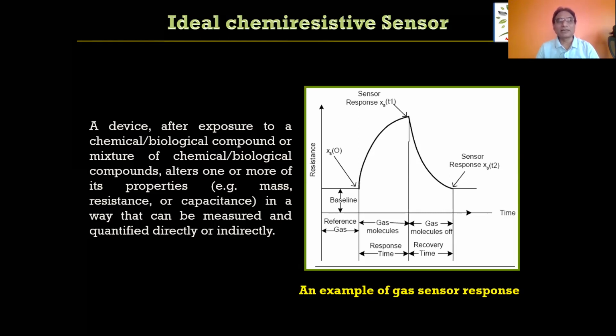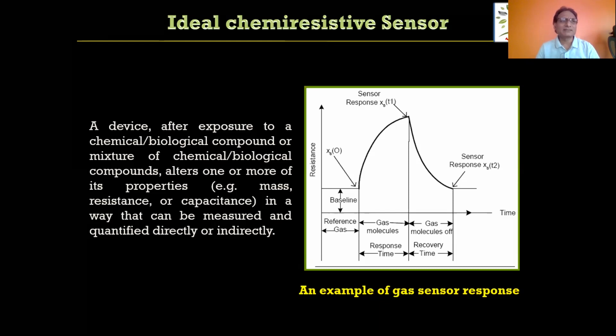like chemiresistive, chemfate, electrochemical sensors. In electrochemical again we have potentiometric, conductometric. There are different kinds of sensor modalities. We have got optical modality as well.